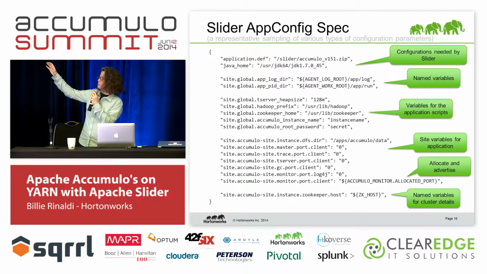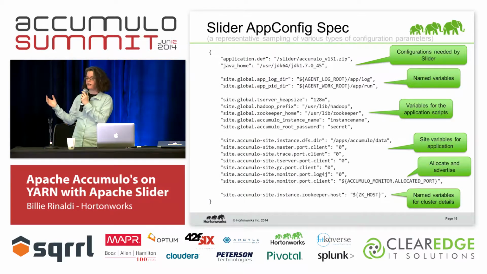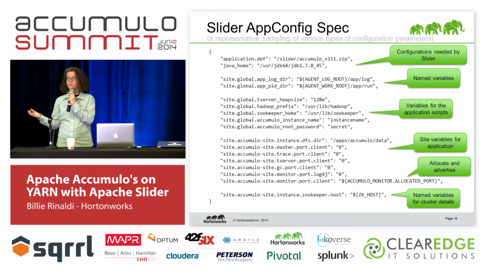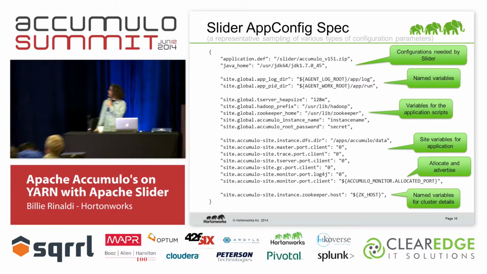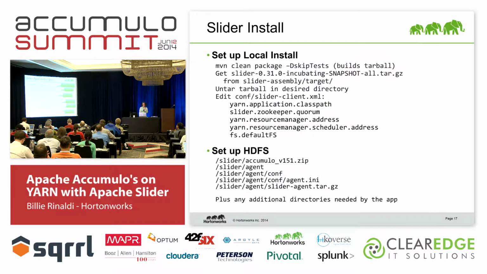And then at the very top, we have some configurations that Slider needs to know to run, which are the Java home and the location of the app package in HDFS. These are just samplings. There are a lot more things in the actual file, but I wanted to give you a flavor for what this information looks like.